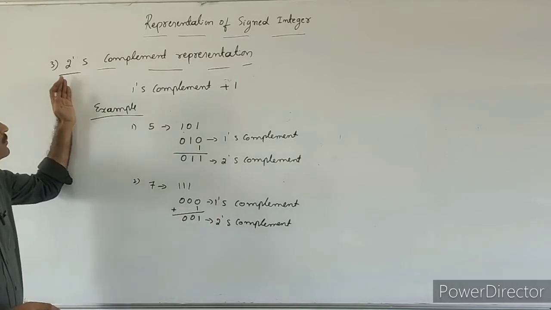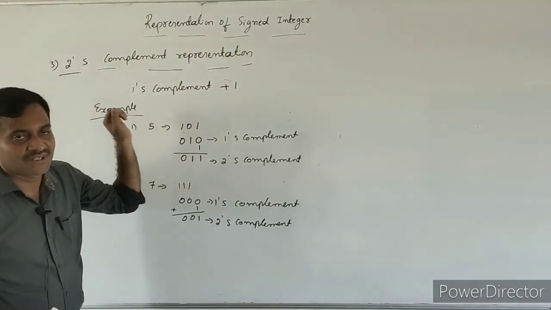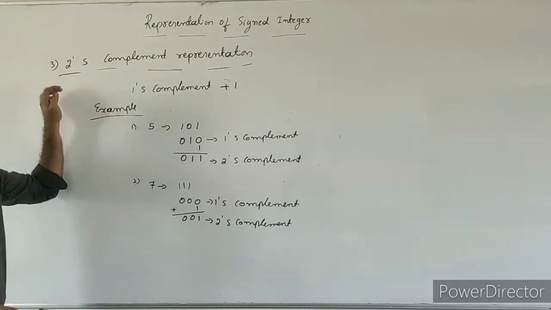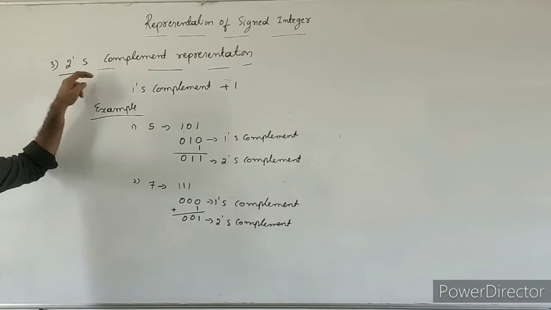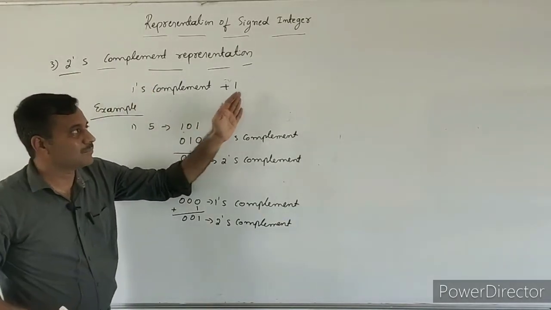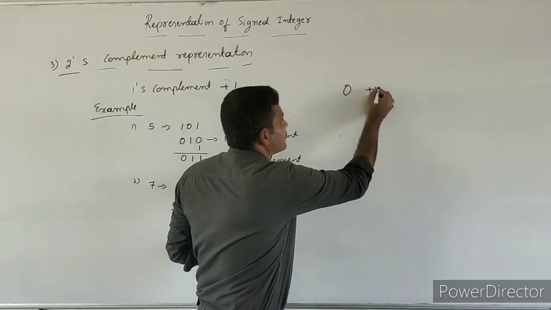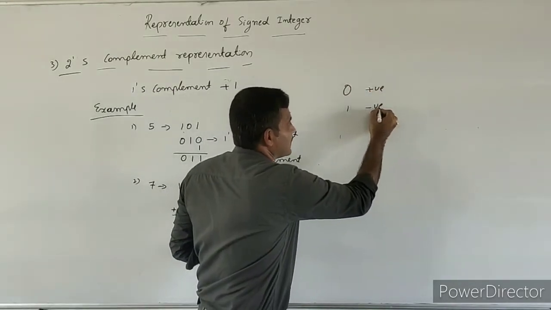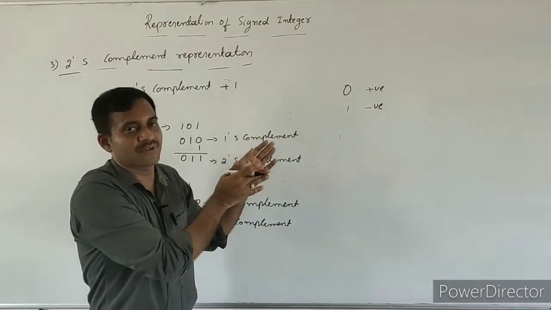These are the three methods to represent a signed integer. First one is sign magnitude form, second one is 1's complement form, third one is 2's complement representation. In a sign magnitude representation, 0 represents positive, 1 represents negative. These bits are added at the most significant side.